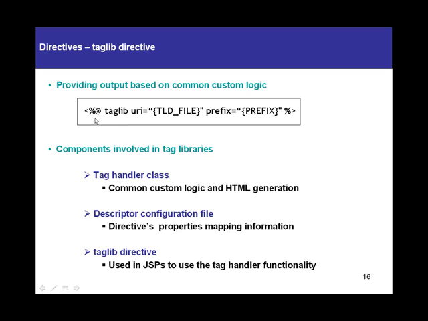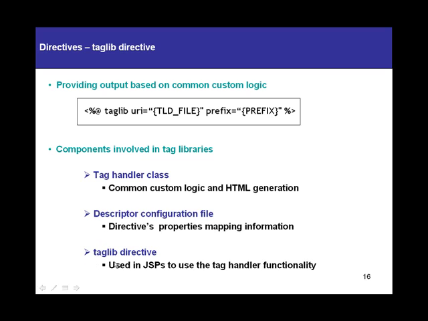We have the directive syntax and then followed by Taglib, and we have URI and prefix. So we'll see what it really means. Okay. So the very different components involved in tag libraries are the tag handler class, the descriptor configuration file, and the Taglib directive.